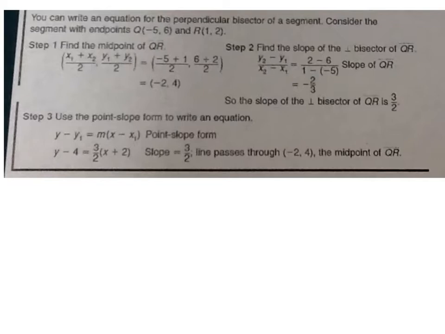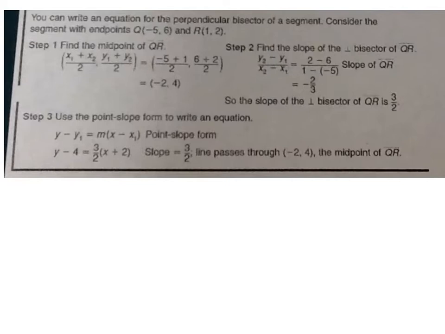It says you can write an equation of the perpendicular bisector of the segment. So today's objective is to be able to write equations. We're going to consider usually 2 points that form a segment. In this case, the endpoints are -5, 6, and 1, 2.